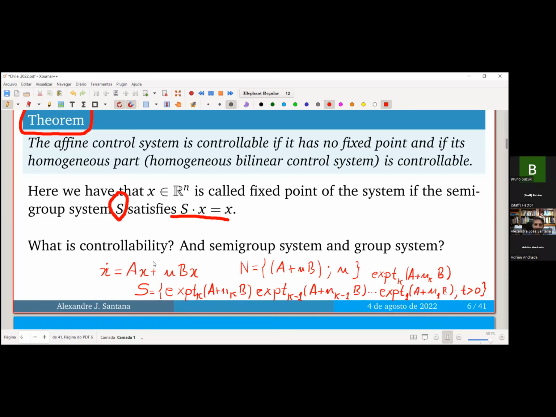Then this S is a semigroup. And if you consider real t, not just positive t, then we will have a Lie group.